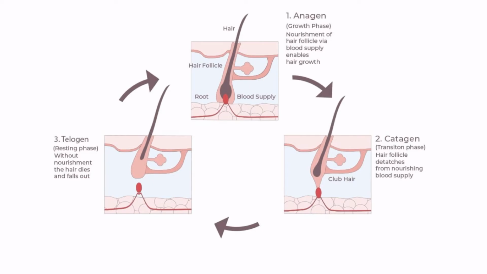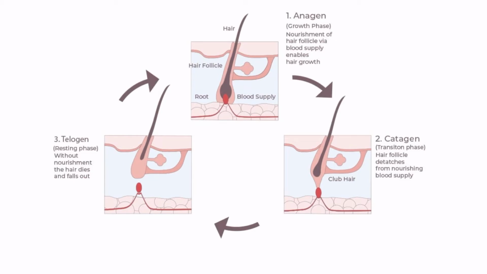In the anagen phase, the growth phase, nourishment of the hair follicle via the blood supply enables hair growth. Then it goes into the catagen phase, which is the transition phase. The hair follicle detaches from the nourishing blood supply. And then the telogen phase is the resting phase. Without nourishment, the hair dies and falls out. So it goes around in a circle.